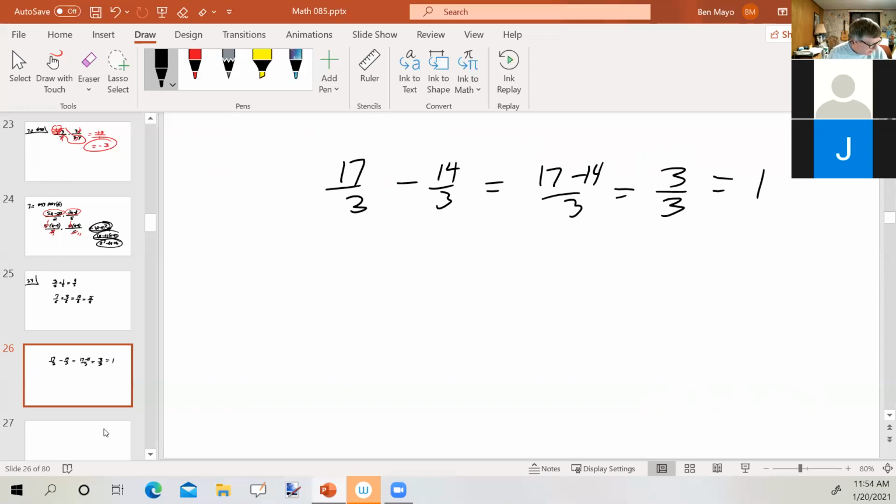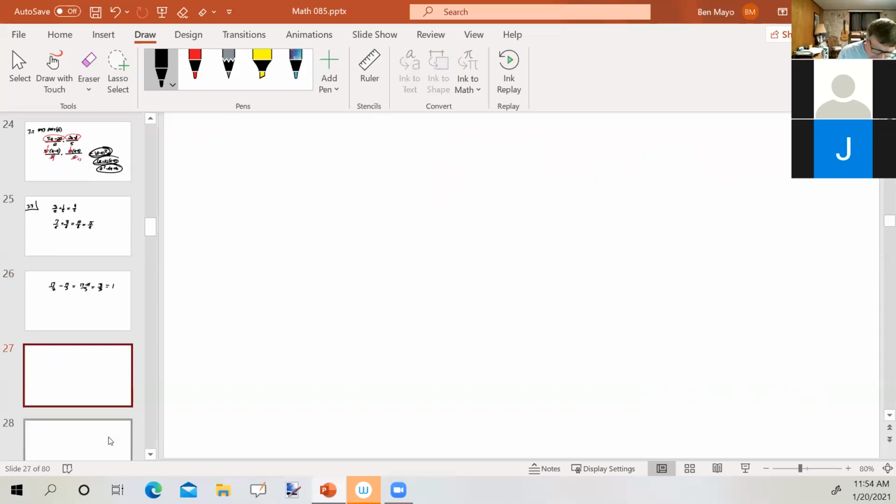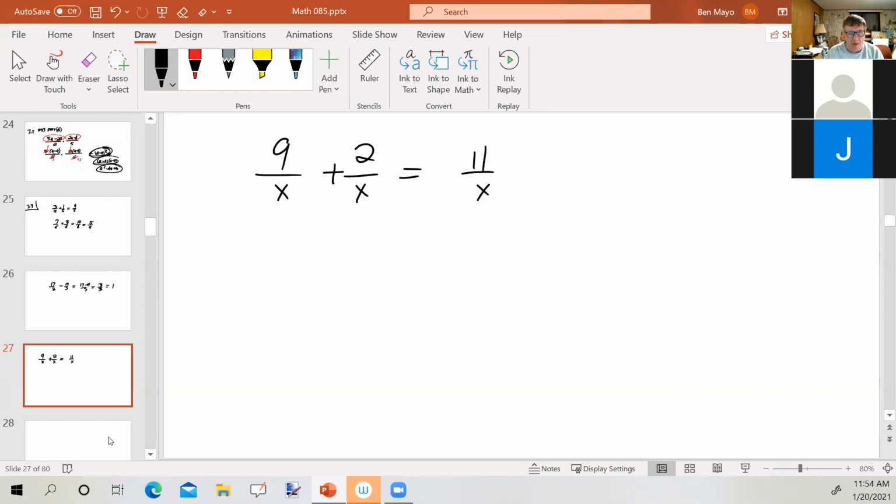All right, so now we're going to apply that to algebraic or rational expression fractions. So let's say we've got 9 divided by x plus 2 divided by x. We're adding two fractions with the same denominator. So we're going to add the numerators over the common denominator, and nothing can be simplified further.